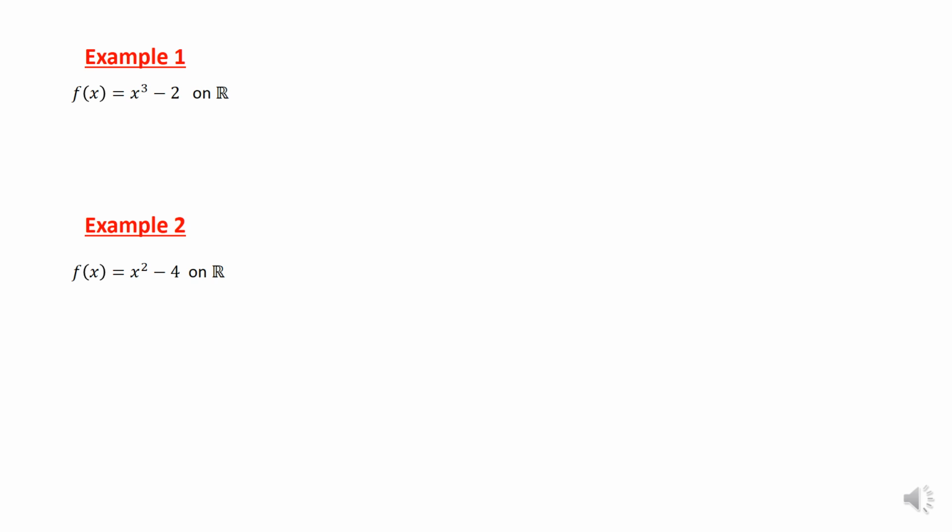In example 1, you have f of x equals x cubed minus 2. f prime of x is equal to 3x squared. 3x squared is positive, which means that f is always increasing.